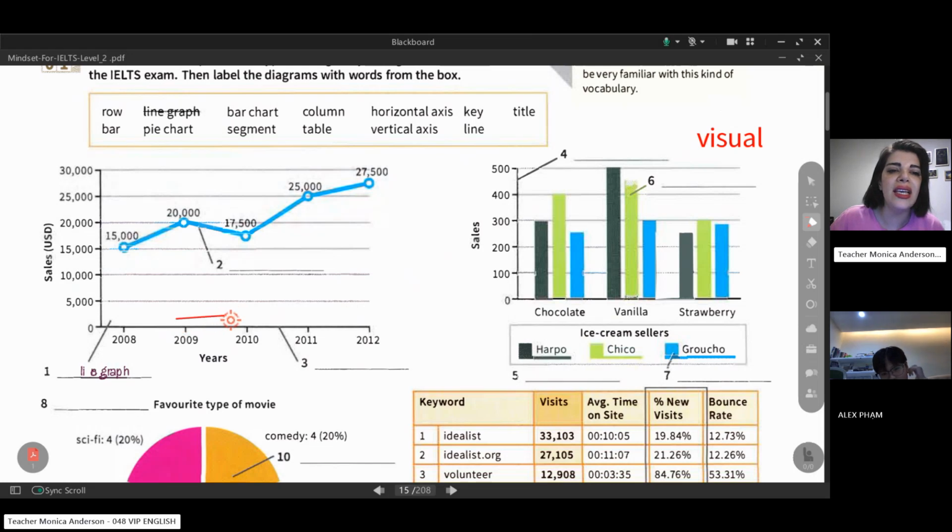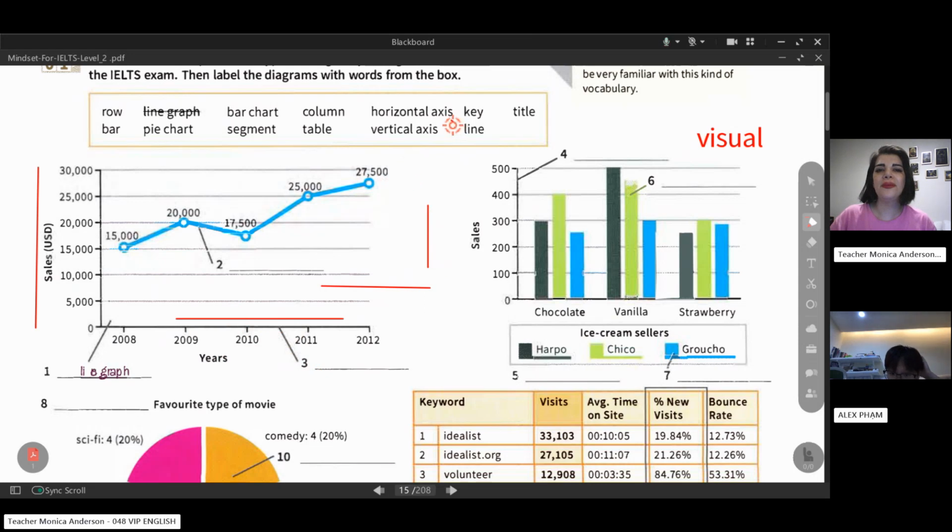This is the horizontal axis, and this one is the vertical axis. So number 3 is the horizontal axis, very good. And of course, number 4 is the vertical axis.